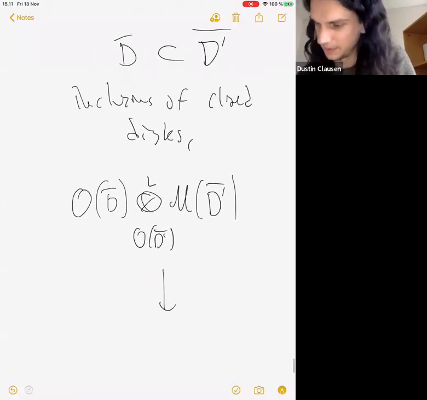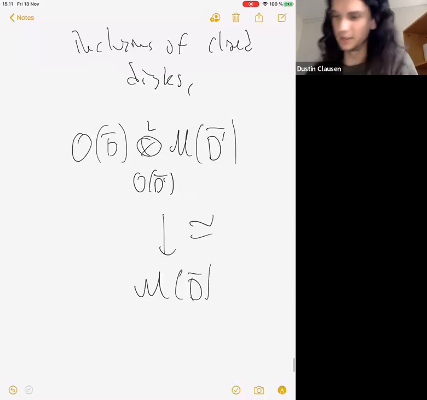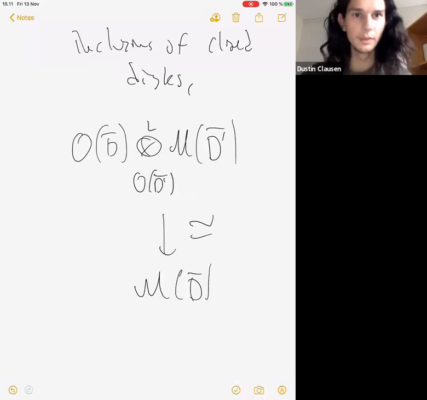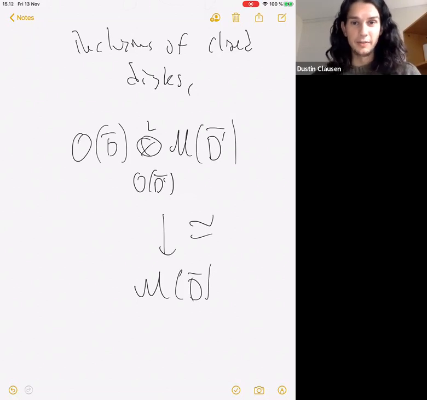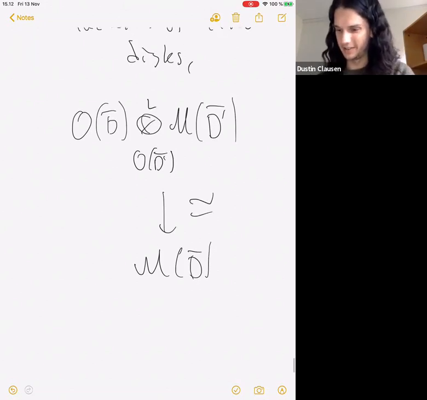Because of the module structure, we're going to have a natural map like this, and we demand that this be an equivalence. If you're familiar with the classical theory of quasi-coherent sheaves in algebraic geometry, it's exactly the same, treating closed disks as analogs of affines.